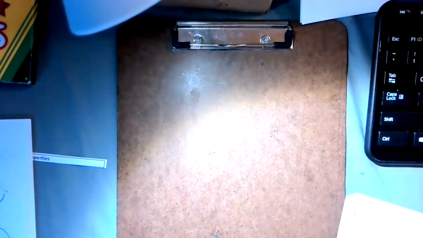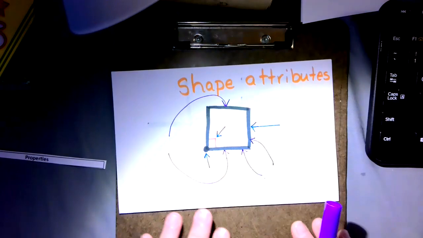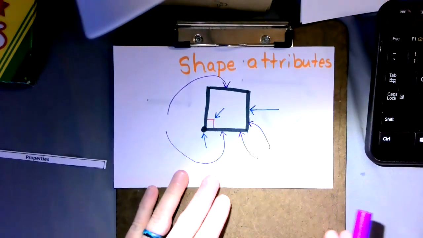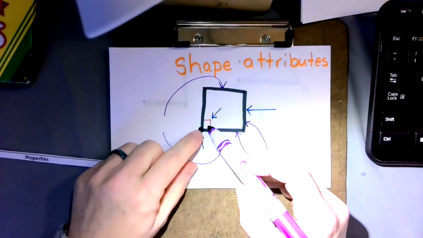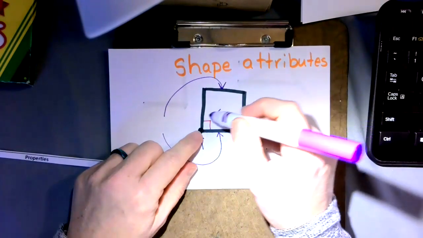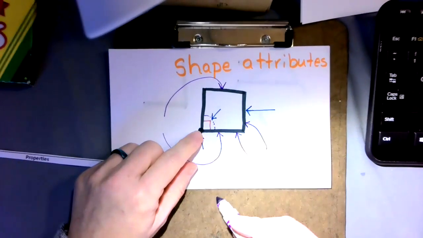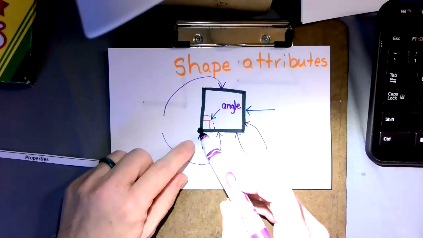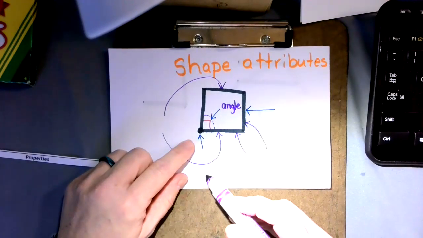And then we're going to look at one shape and look at the attributes that describe it. Okay. So this one's a special type of it, but what do we call it when we're looking at the inside? This is the angle in a shape. What do you call this where two sides come together?